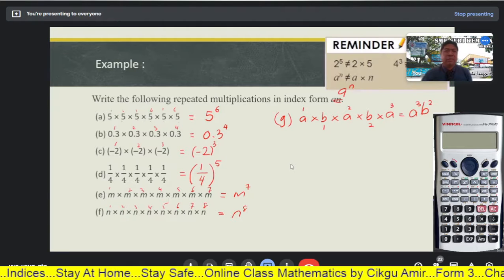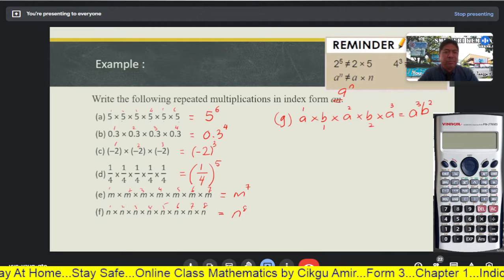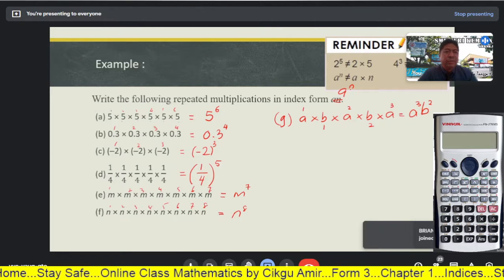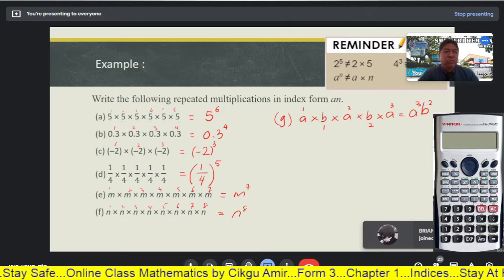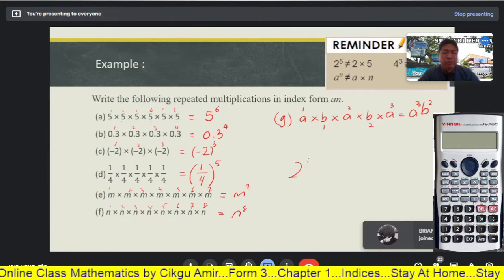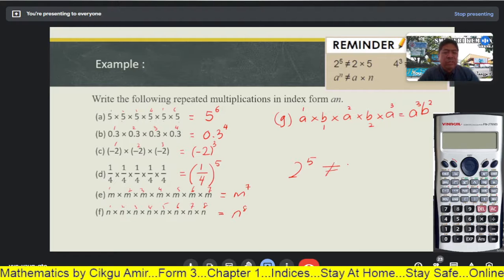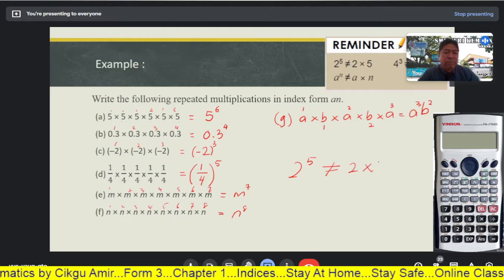Just a reminder here. 2 to the power of 5 is not equal to 2 multiplied with 5.